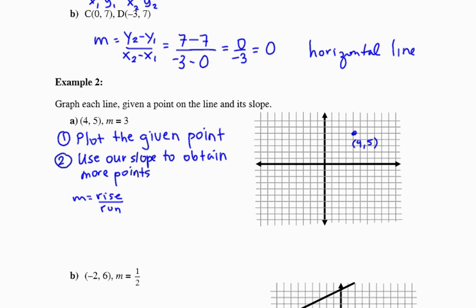So rise is vertical, over horizontal. I'm going to give you some hints. For the rise, positive is up, negative is down. For the run, positive would be right, which direction? For the run. Yeah, Luke? Right. And negative would be left.